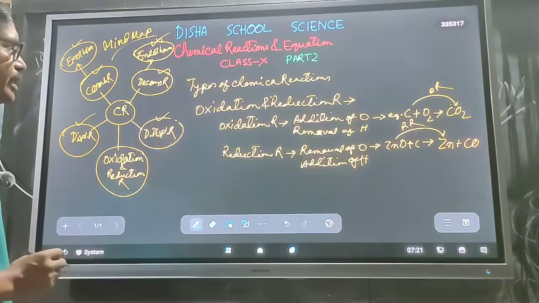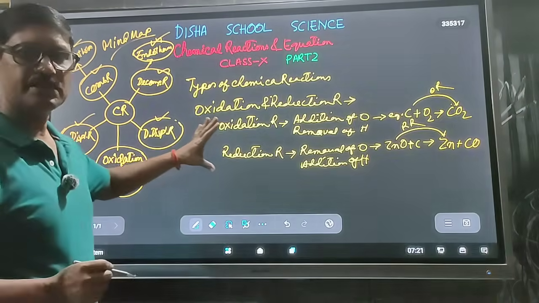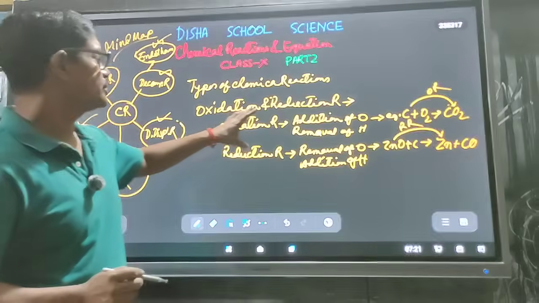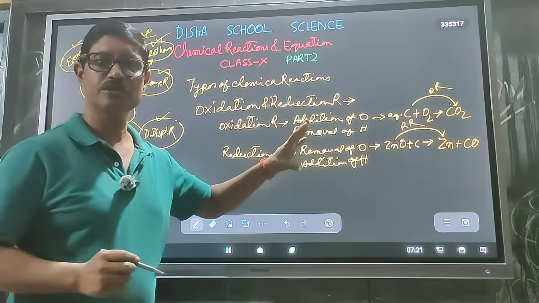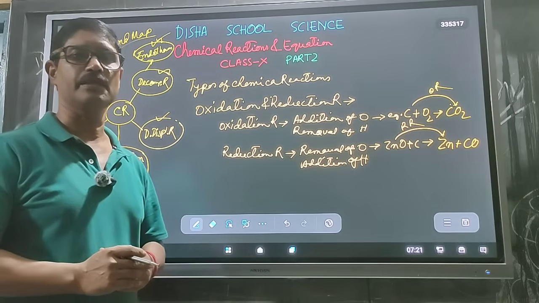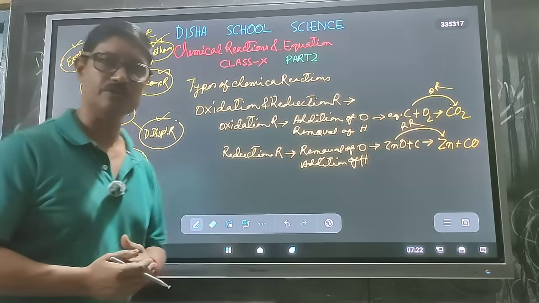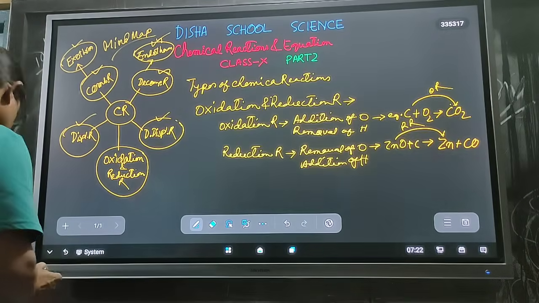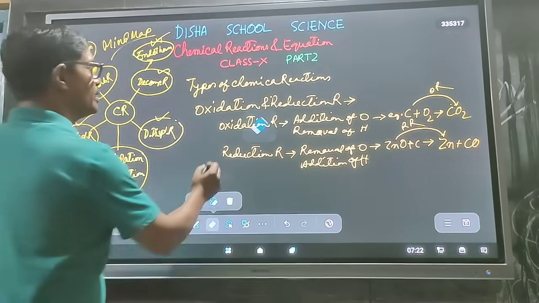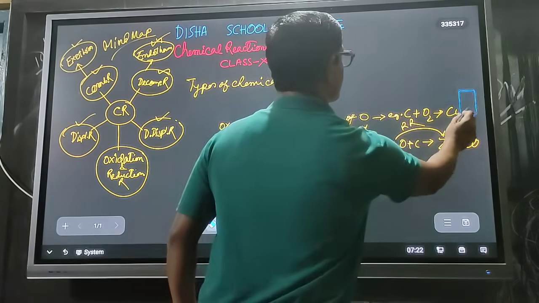Now in most cases, both oxidation and reduction reactions occur simultaneously in the same reaction. Then that reaction is called redox reaction. That is called what reaction?